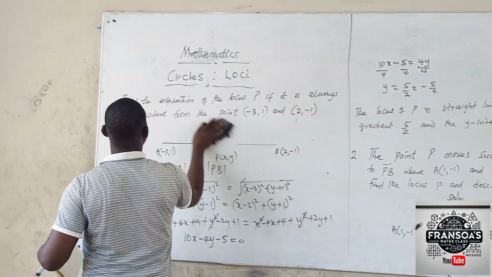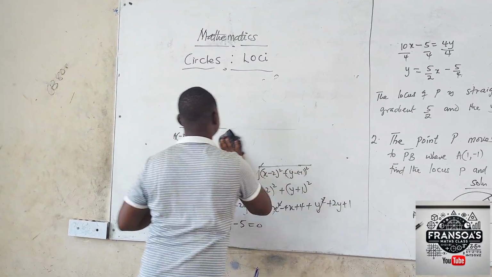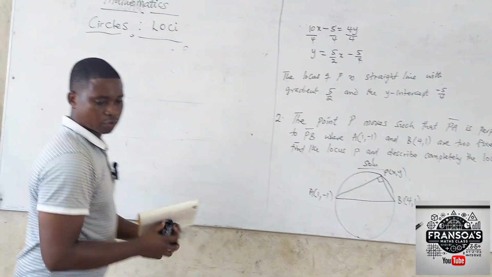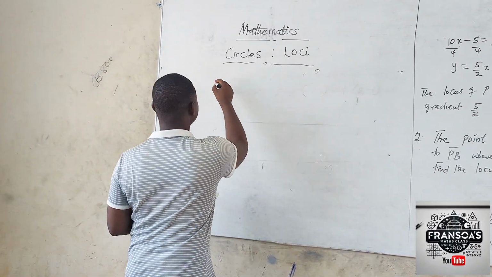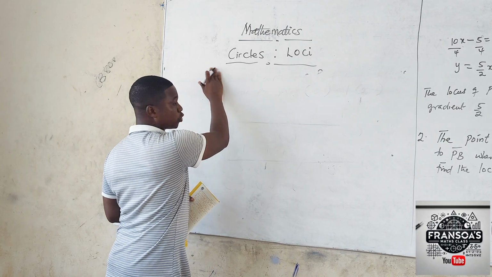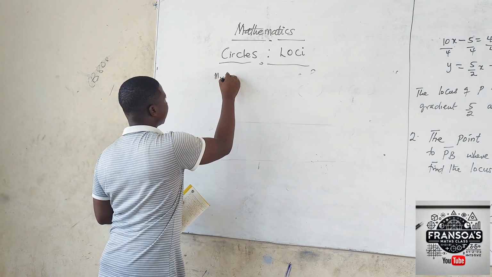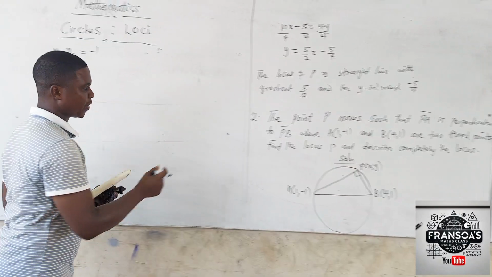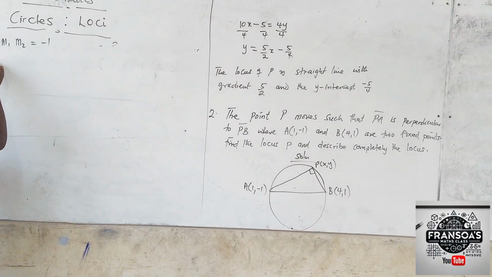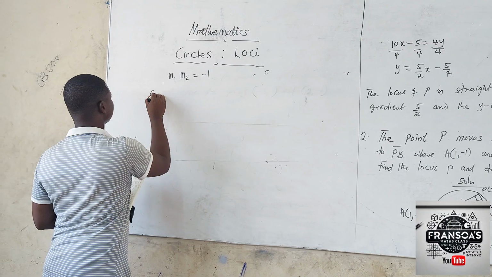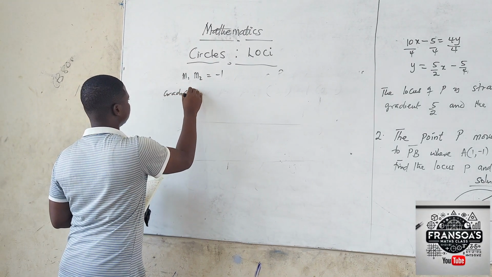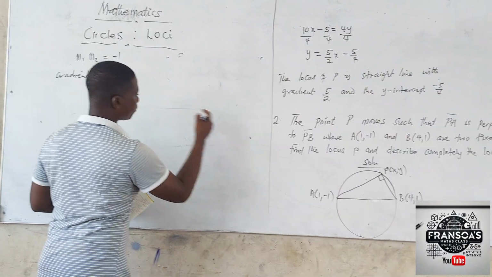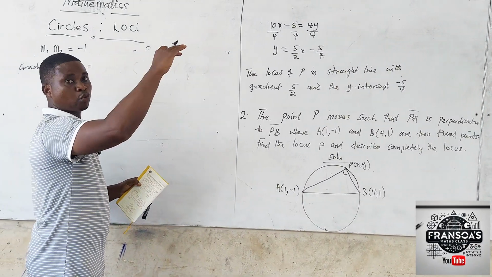So when you have PA with gradient M1, and PB with gradient M2, M1 multiplied by M2 should give you negative 1. Let's find M1, the gradient of PA. Gradient is change in y over change in x.